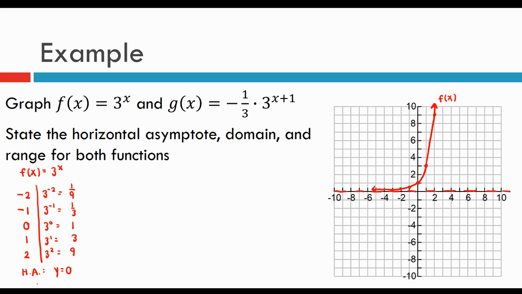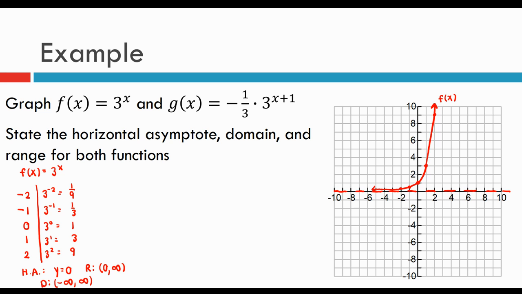Notice that once again, our domain will always be the same, going from -infinity to positive infinity. And then because our range doesn't touch 0, but it's everything positive, we can say 0 with parentheses up to positive infinity. Okay, so essentially the exact same thing that we had in our last problem pertains to this.